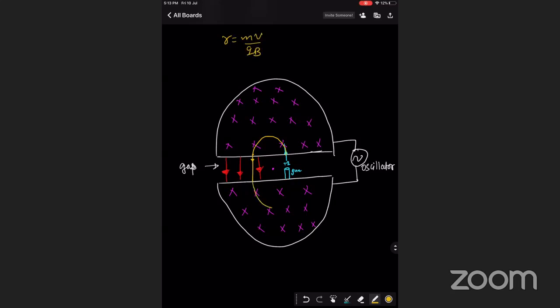And the moment the charged particle reaches here, we will create an upward electric field. So on the other side the electric field was downward, and now on this side it is upward. Means with the help of the oscillator, we have to change the direction of electric field again and again, right? Again in this gap its speed will increase, so its radius will increase further.